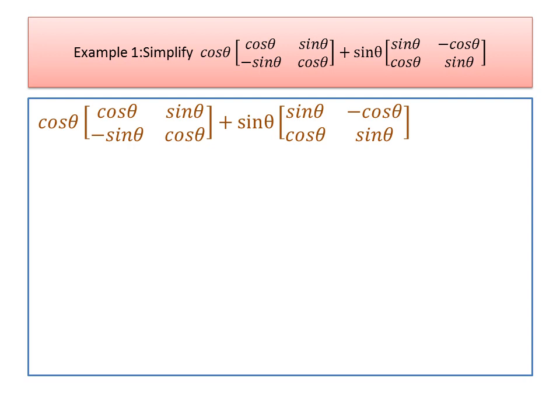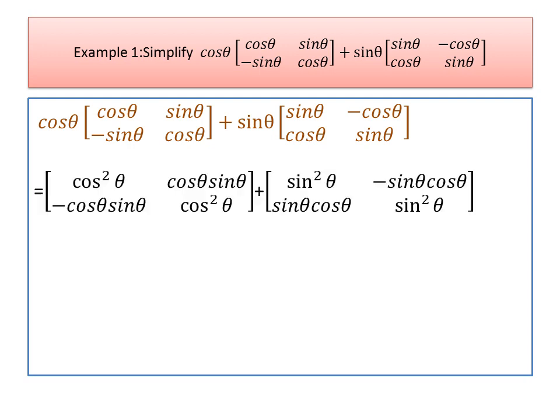Here it is just like a scalar multiplication of matrices. We are going to multiply cos theta into the first matrix plus sin theta into the second matrix.